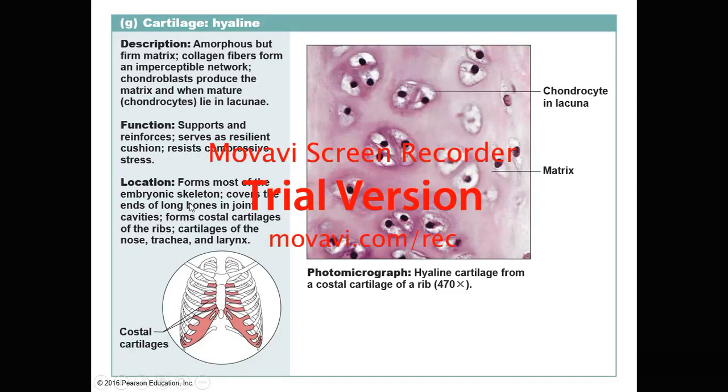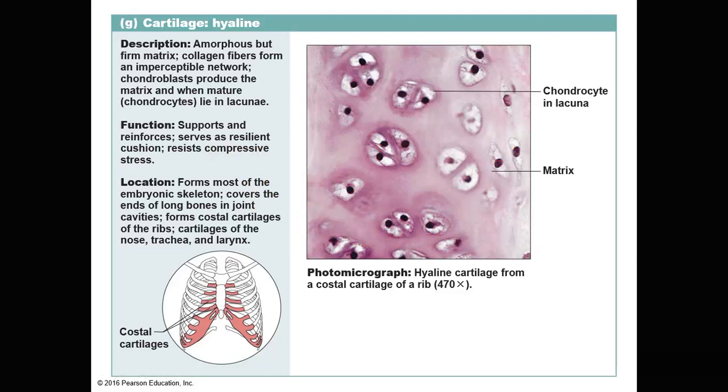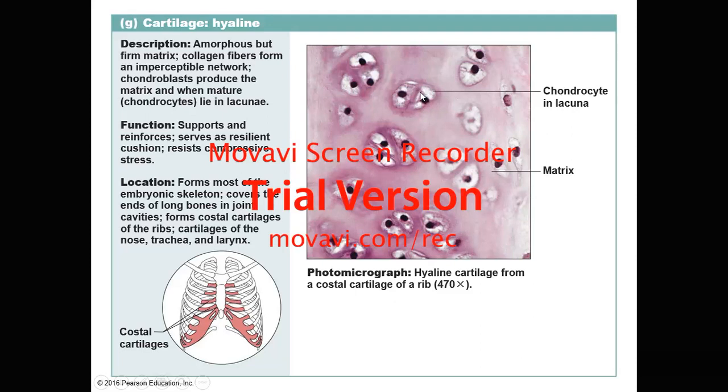Here is a picture of hyaline cartilage from the costal cartilage of a rib. You have the chondrocytes and a lacuna. A lacuna is just a cavity. Then you have the matrix.